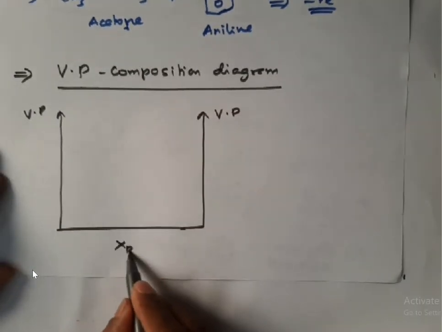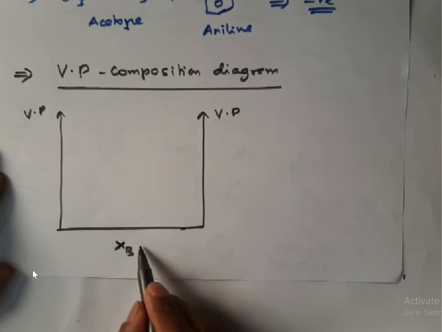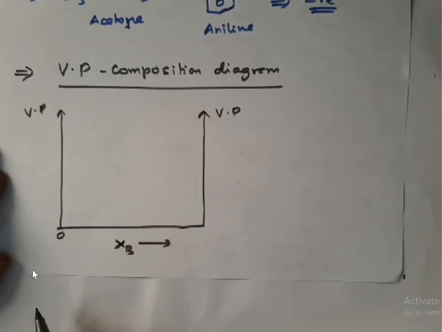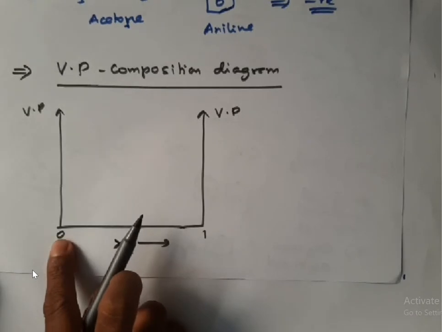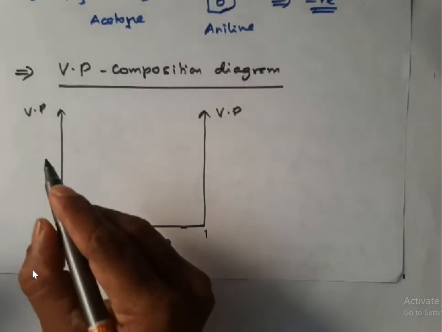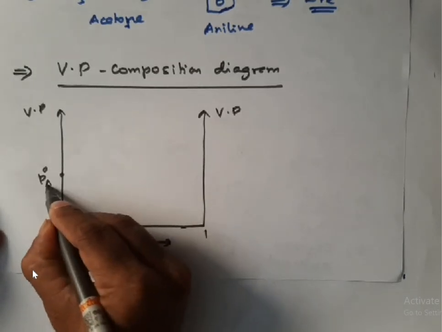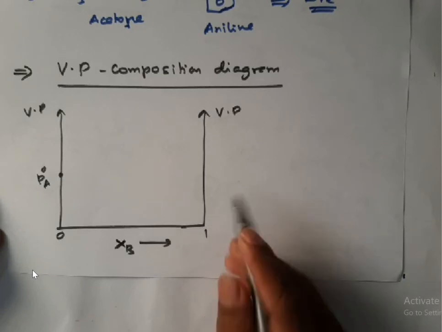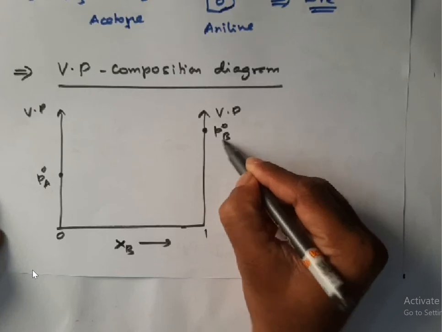Let me plot the mole fraction of B in the liquid phase on the x-axis. Here xB is 0. Here xB is 1. xB 0 means we have pure A. Let us assume this is the vapor pressure of pure A, and if xB is 1 it means we have pure liquid B. For pure liquid B, let us assume the vapor pressure of B is here.